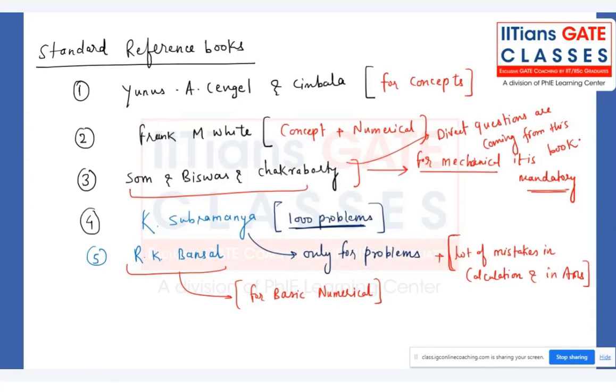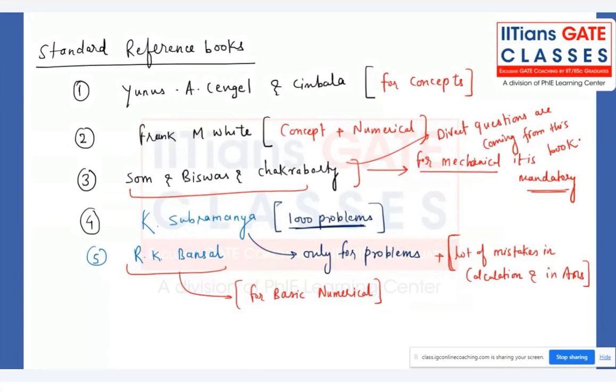Whether these things are clear, tell me guys. And regarding my content, whatever content I have prepared is from the Cengel and Cimbala textbook, right? So if you are following my classes, you do not have to worry about the Cengel textbook. If you want to refer further, you just refer to FM White or SK Som, right?